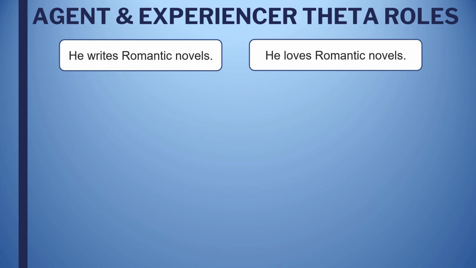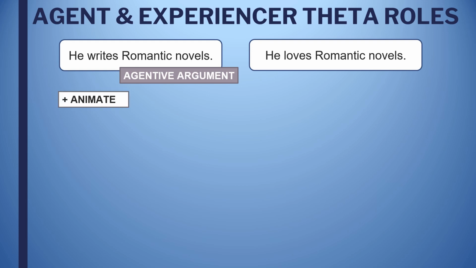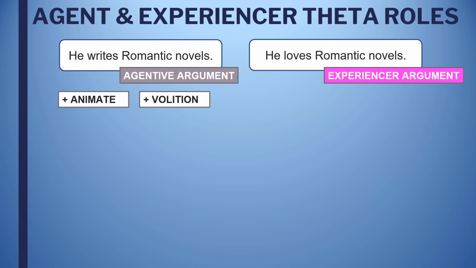In "he writes romantic novels," the DP performs the action, so it is an agentive argument. It has the features plus animate and plus volition. However, in the case of the predicate love, that is not so. There is no action being done. In here, there is just a feeling, that of loving something. The entity is plus animate, but there is no volition.